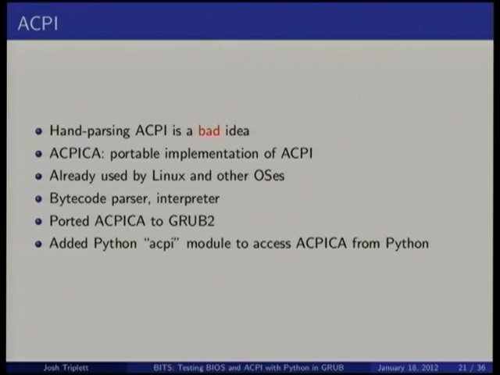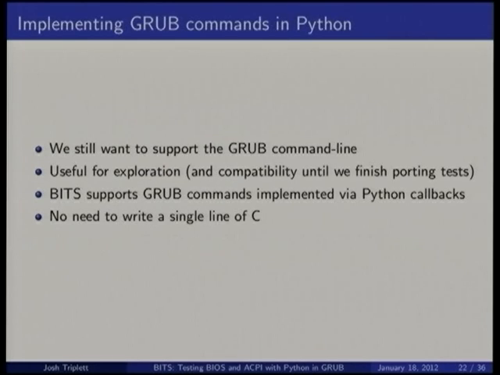Apart from that, again, the less stuff we can write in C, the better, now that we've got a much more powerful high-level language. So we wanted all of those commands we added to GRUB before for exploration to work in Python.